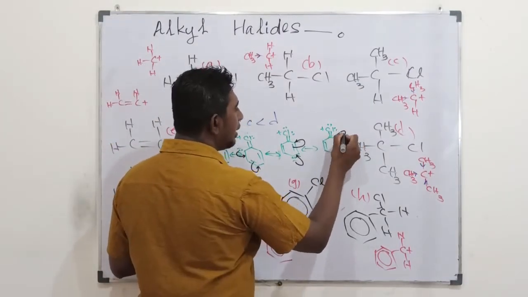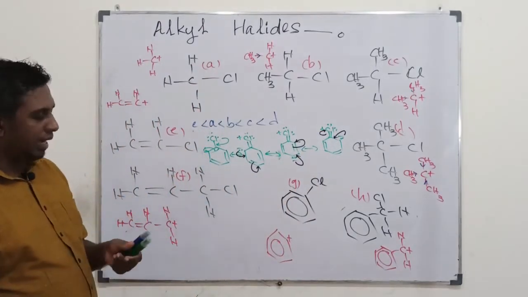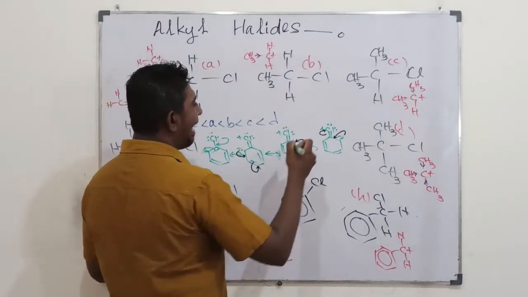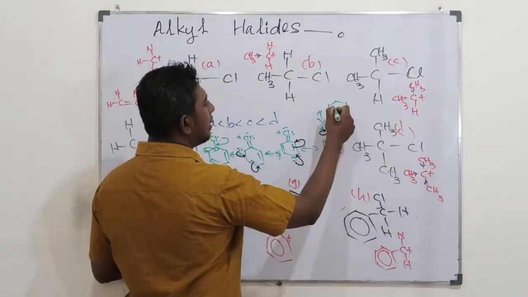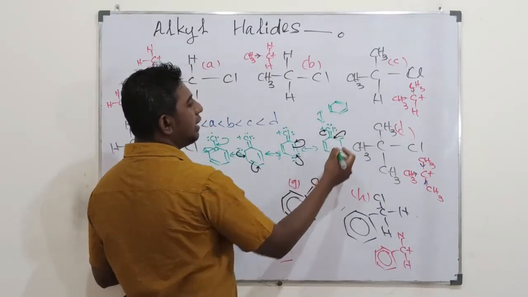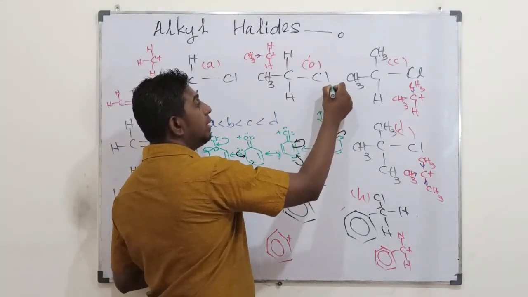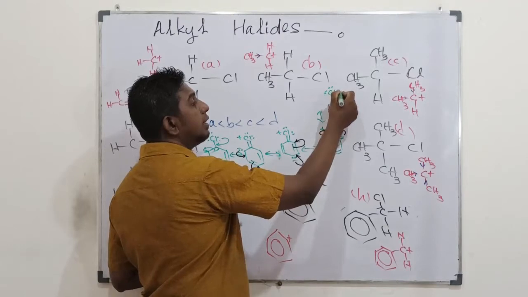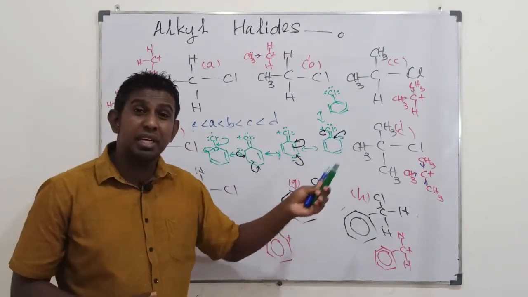I could break it here to form a pi bond and break it here. Then again we have the similar structure having 3 pi bonds, and just a chlorine atom with its 3 lone pairs. So there are 5 resonance structures formed.